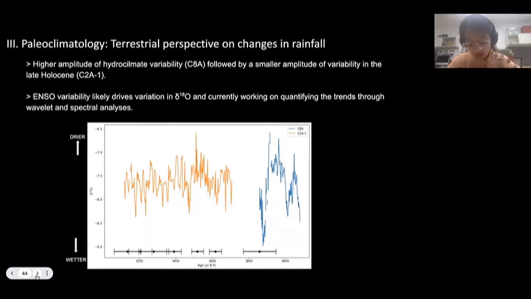And if we compared the two records, we're actually looking at a time frame that went from about 3100 through 4000 years before present, with the drier indicated by the more positive values in oxygen and the wetter indicated by the more negative.